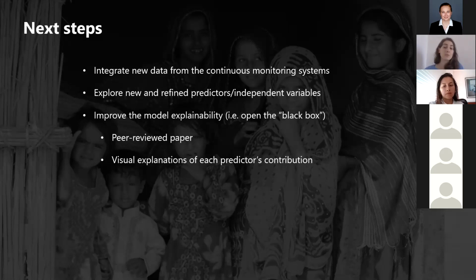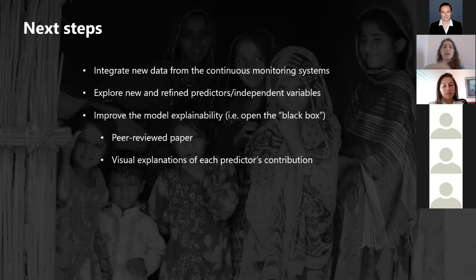Another big priority for this year is to improve the explainability of the model. Right now it's really more of a black box. Of course, we have all these input variables, but from those we really only show an estimate, and what our country offices, regional bureaus and users want is to understand how we obtained that estimate. So we need to show them how the variables changed over time.